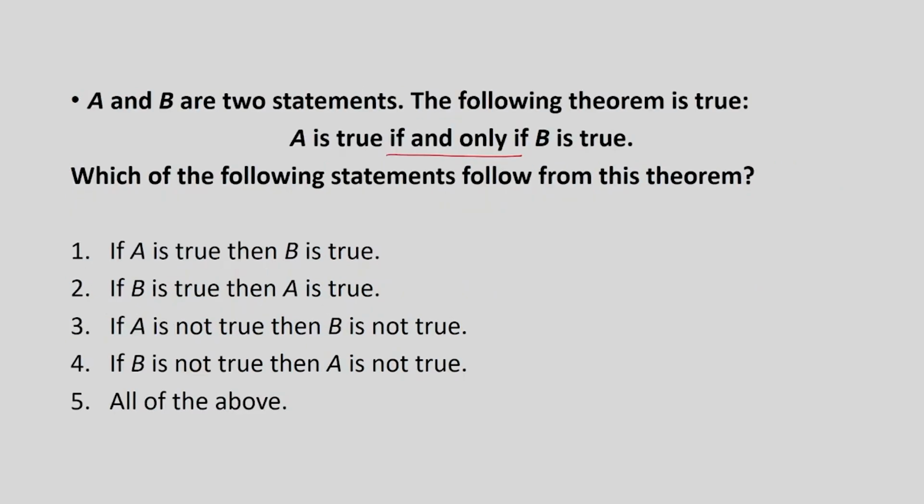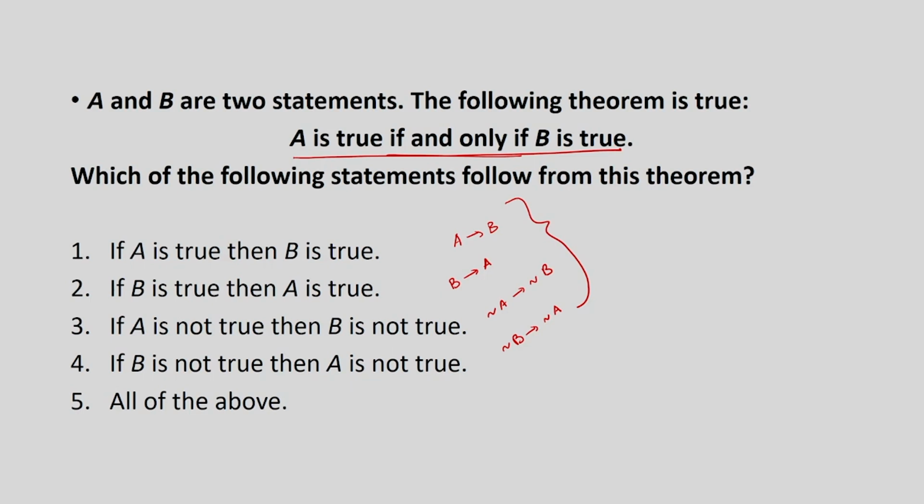If A is true, then B is true, that is, A implies B. If B is true, then A is true, that is, B implies A. If A is not true, then B is not true, that is, A is necessary for B. If B is not true, then A is not true. All of these follow from this theorem.